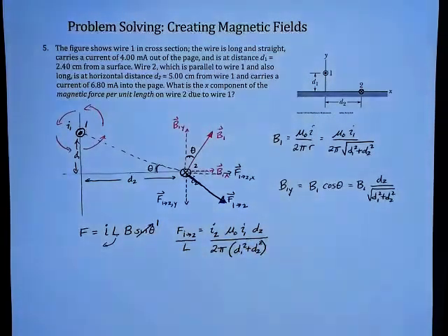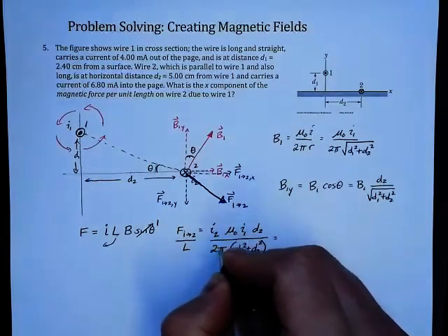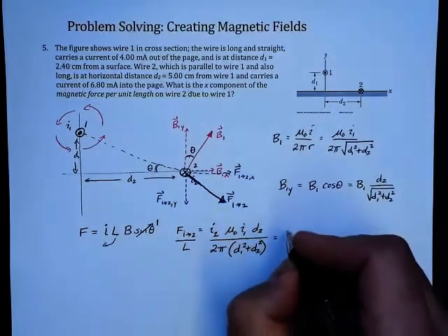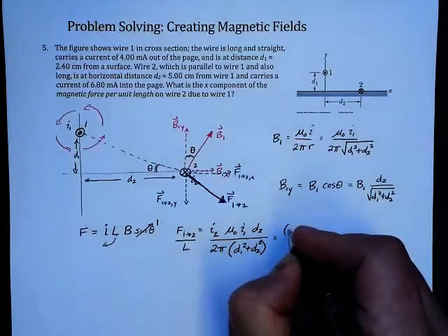That will give me my full force per unit length. There's nothing that really cancels in this one, except when I write out mu 0, part of that cancels with the 2 pi.